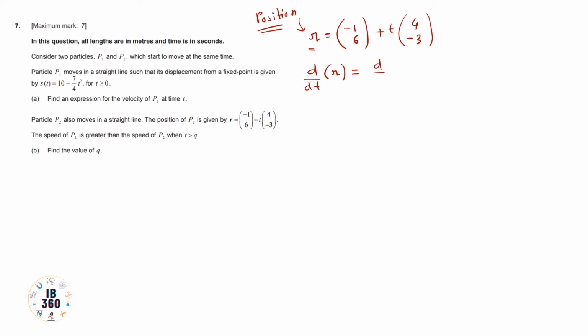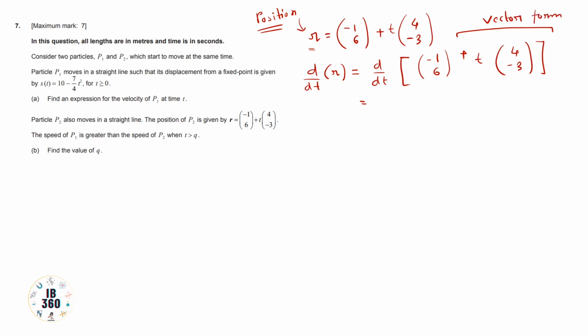So d/dt of the complete term, that is (minus 1, 6) plus t(4, minus 3). If we differentiate a term in vector form, we will only get the t related term. So after differentiating we will get (4, minus 3) as the derivative.